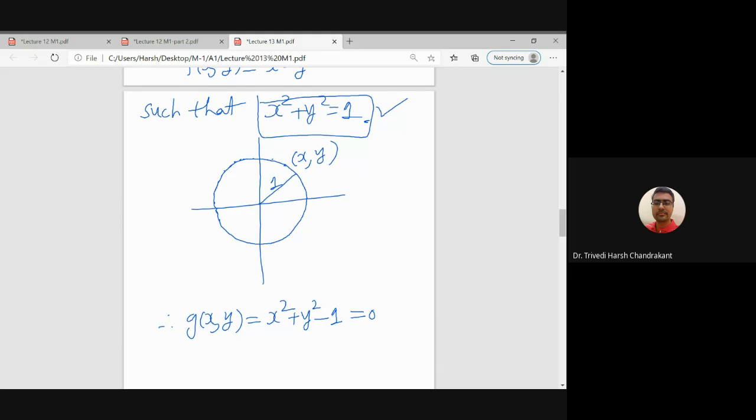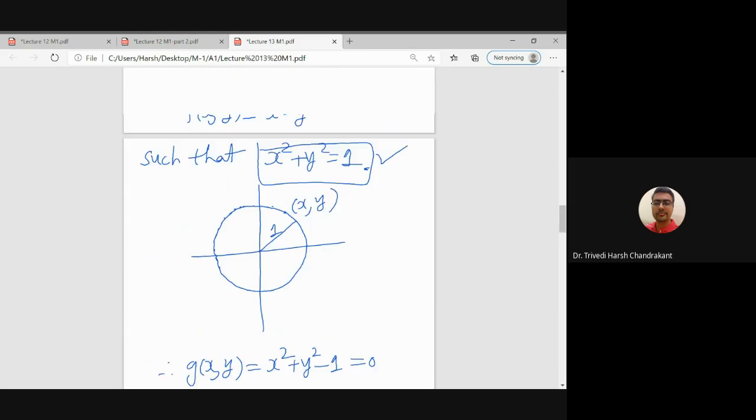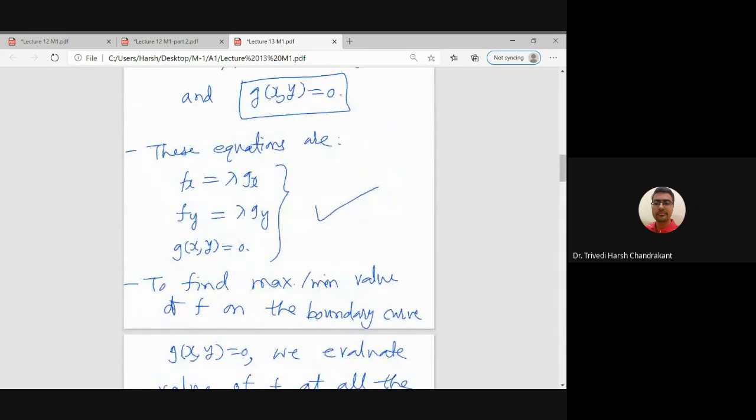So we have taken 1 to the other side. Now we have our f and g, so let us apply the method. To apply the method, we need to solve these three equations.